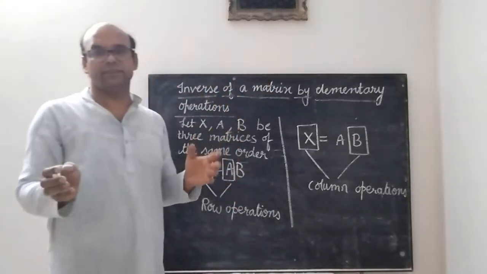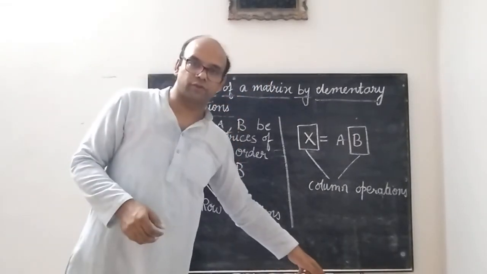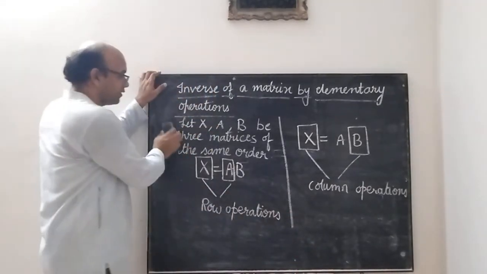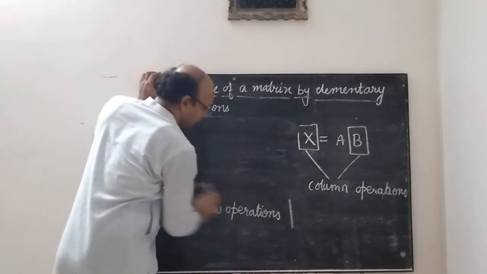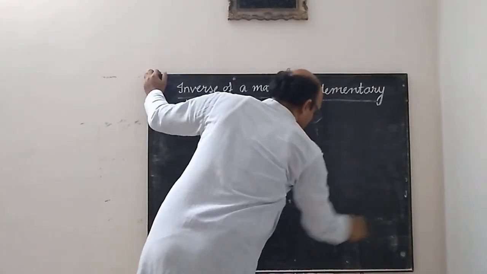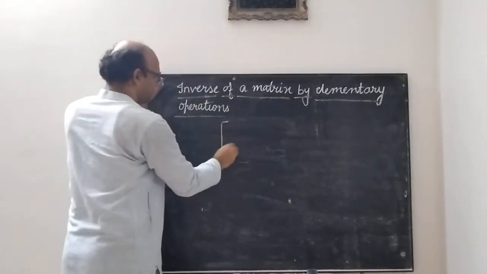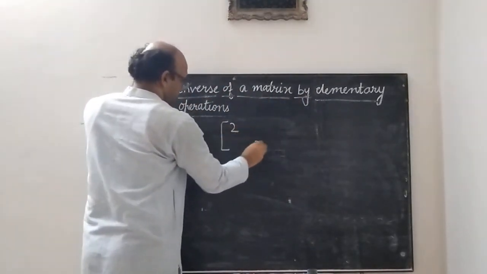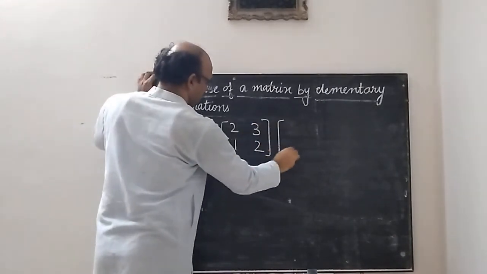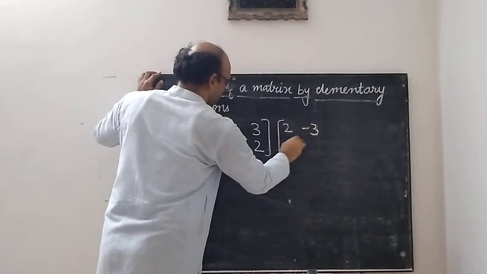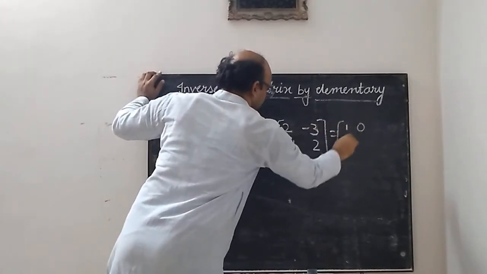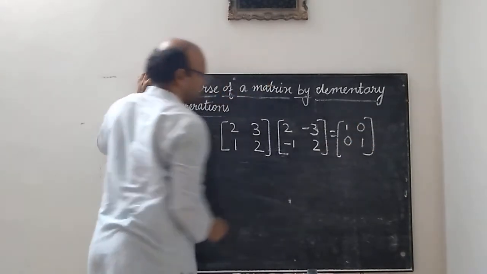In the board examinations, one of the questions tested this concept: the equality was given and the operation was given to you. For example, suppose you have this, and you have 2, minus 3, minus 1, 2, like this.